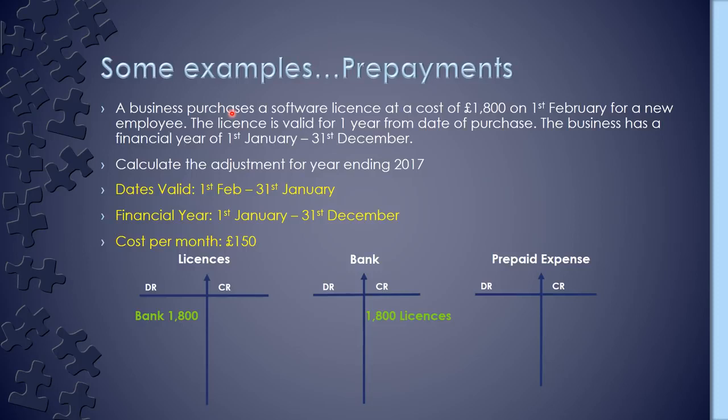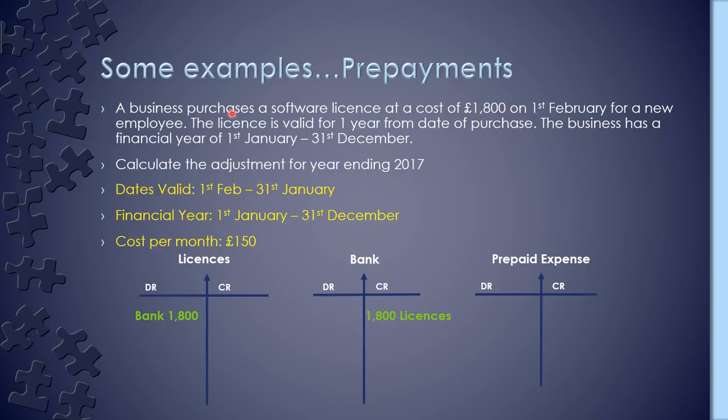Let's apply our debit-credit rules. So the bank is an asset and the licences account is an expense account. So applying debit-credit, we know that the licences account is going to increase because it's an expense to the business to buy this licence.